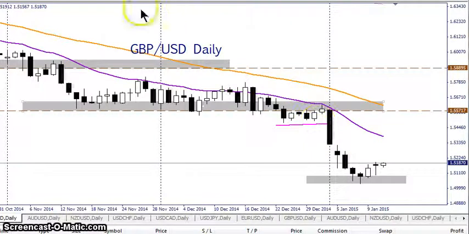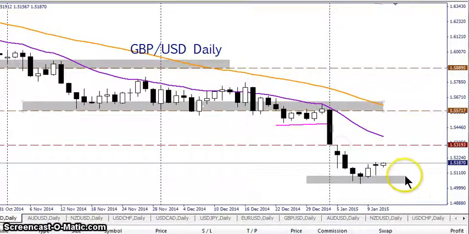I'm just going to draw in a horizontal line to at least 15300 area. Okay, it could go higher and meet with the 21 EMA here, but right now I think price will go up a little bit higher. We are in a pullback, and then eventually price will bounce off resistance and come back down lower.